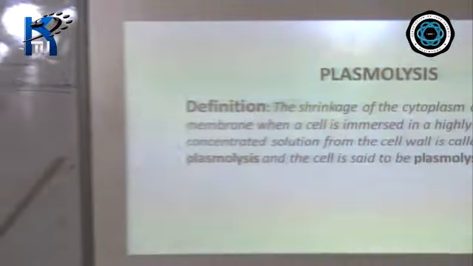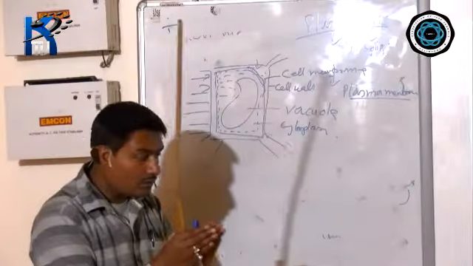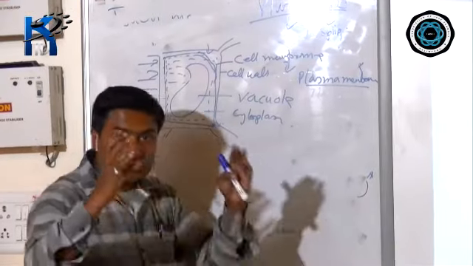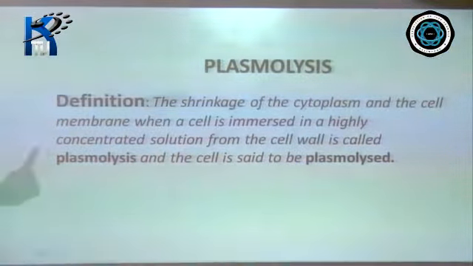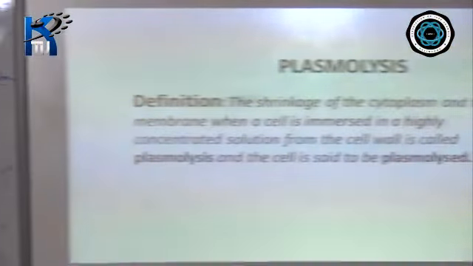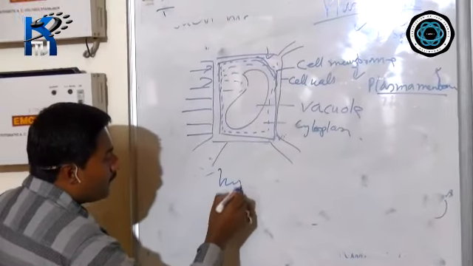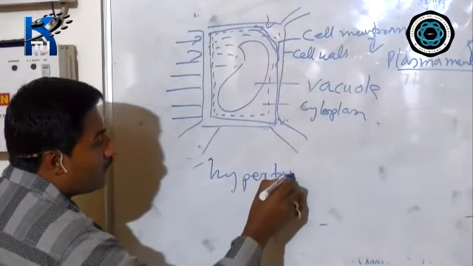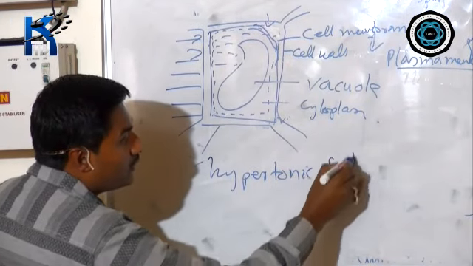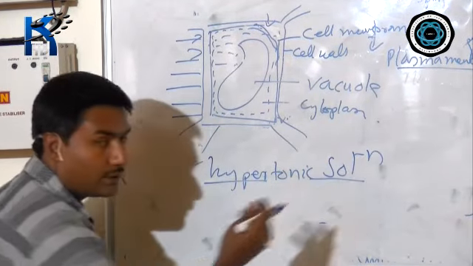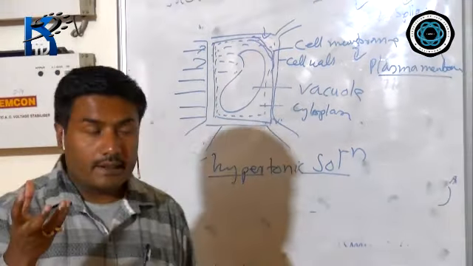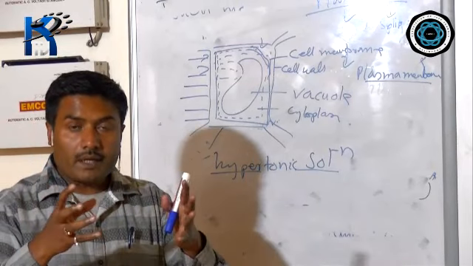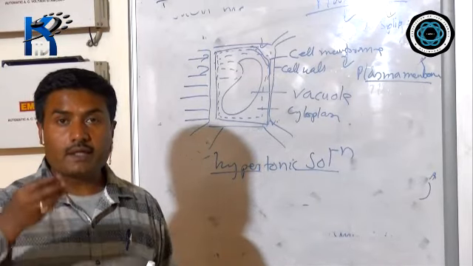First of all the cytoplasm will shrink, it will become less, it will squeeze, when the cell is immersed in a highly concentrated solution. When a cell is put in a highly concentrated solution, we use the term hypertonic solution.